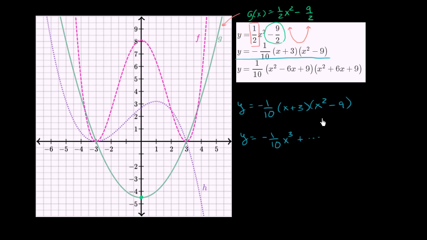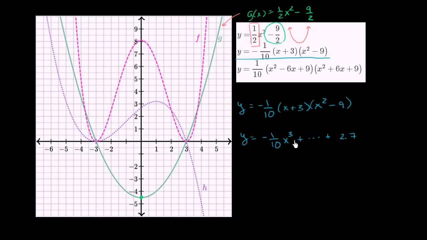And then you're going to have your lowest degree term, which is going to be negative 9 times 3, which is negative 27, times negative 1/10. Well, that's just going to be positive 27 over 10, which is the same thing as 2.7.